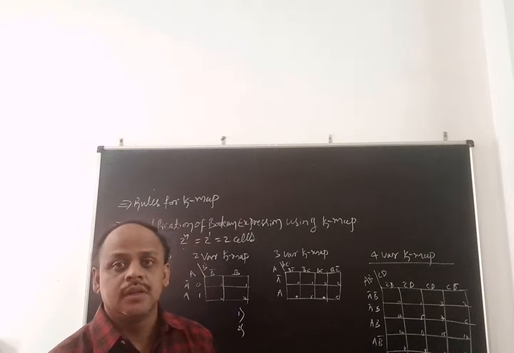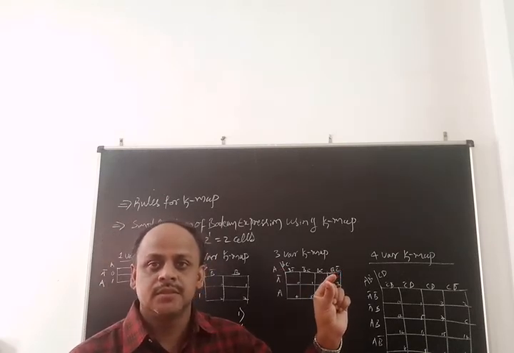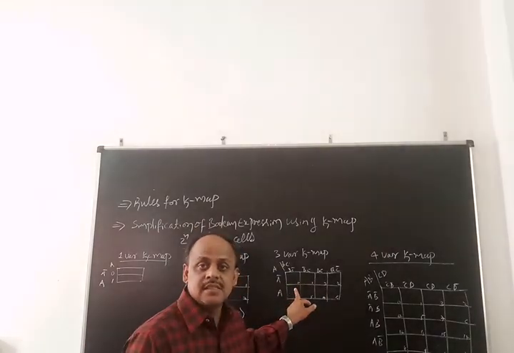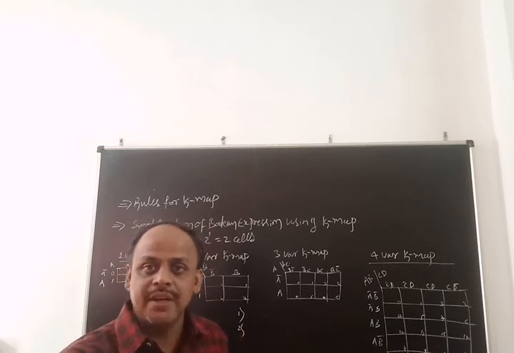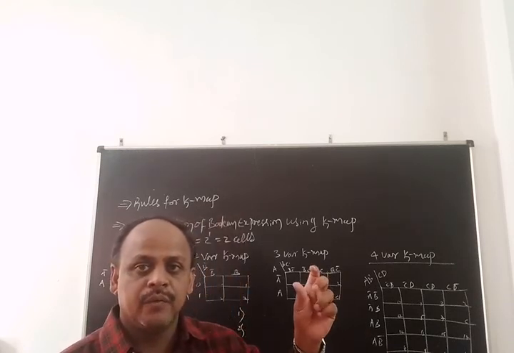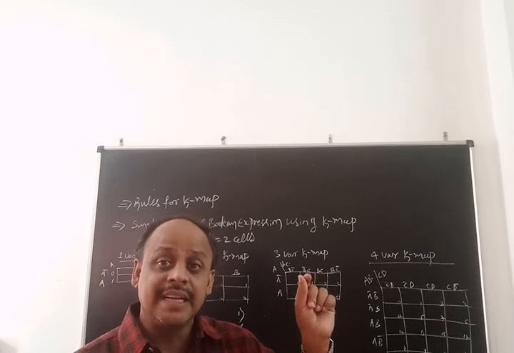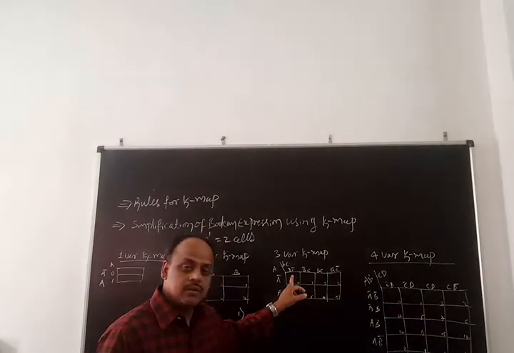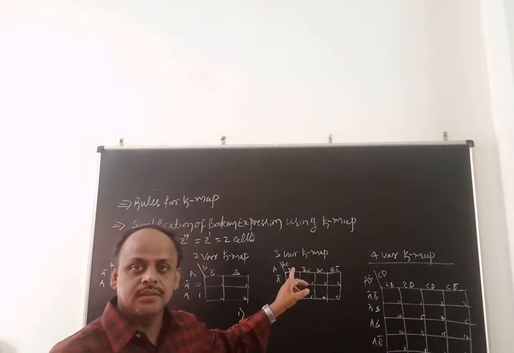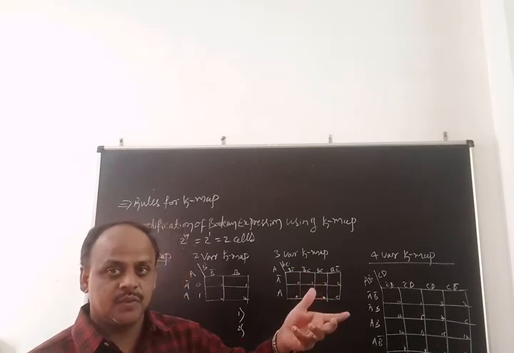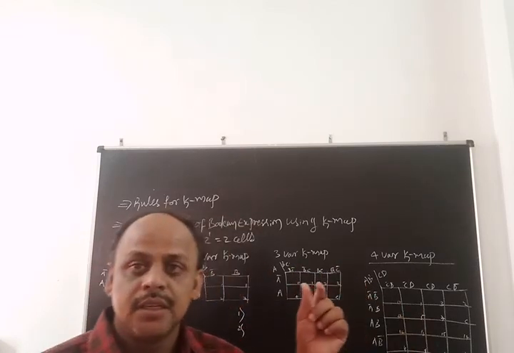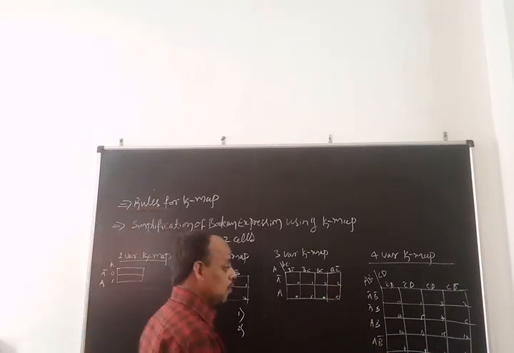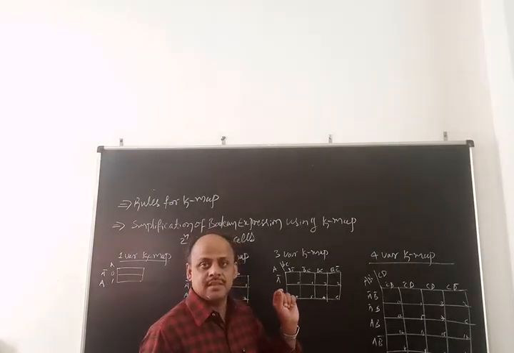Second point: we have to place ones in the cells in such a way that, for the given Boolean expression, we find the min term designation of each min term. The Boolean expression contains logical products. We find the min term designations and place ones in those cells.